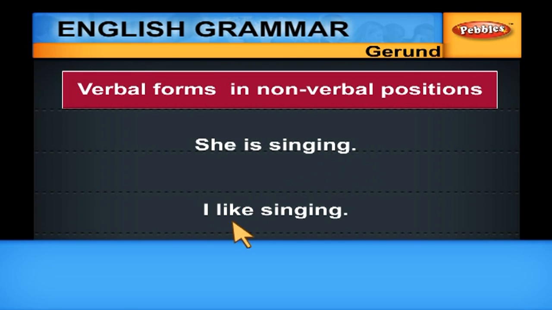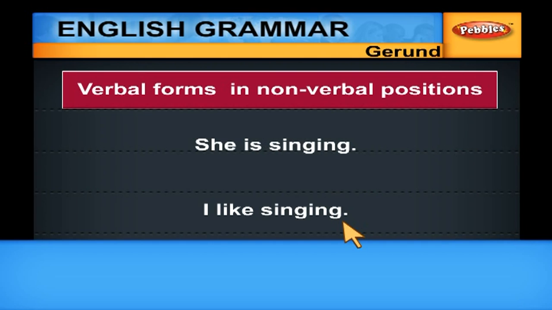In the sentence, I like singing, we have the present participle form, but it doesn't perform a verbal function. I like what? I like singing. So here, it functions as an object. So you have a verbal form functioning as a noun.